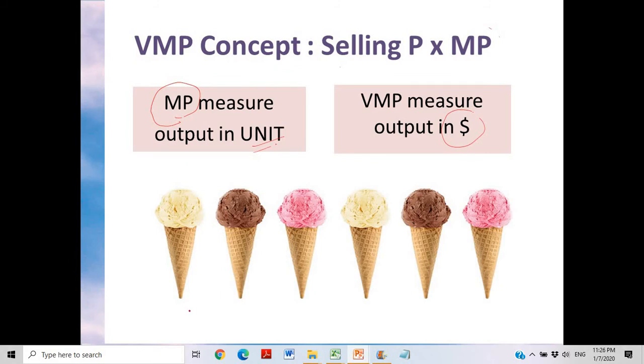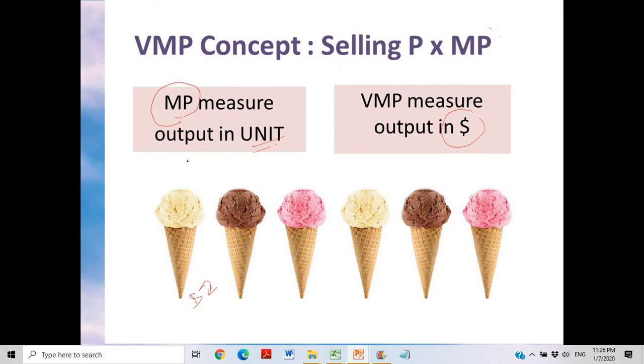If this ice cream is worth $2, then the value is 2 times 6, which is 12. If I increase the price to $5, the value becomes 5 times 6, which is $30, even though the unit remains the same.